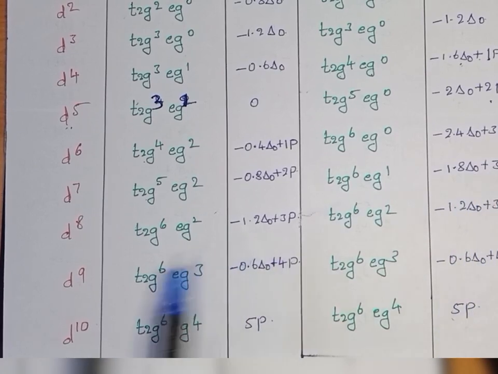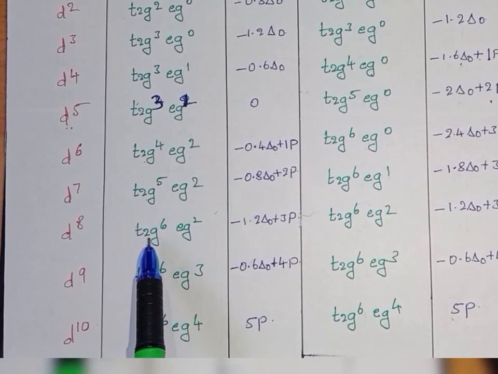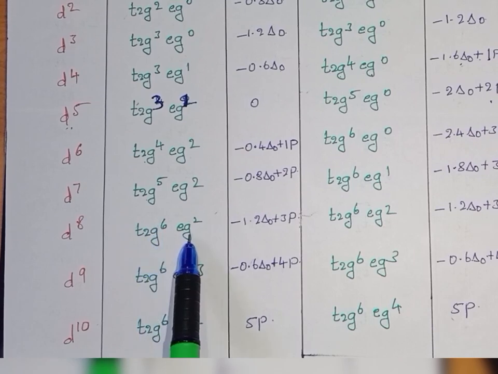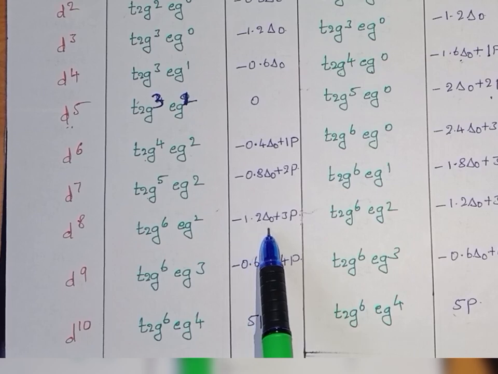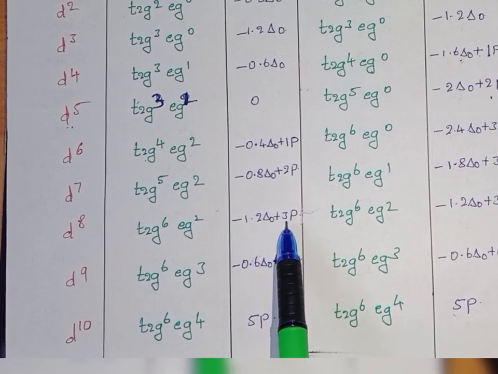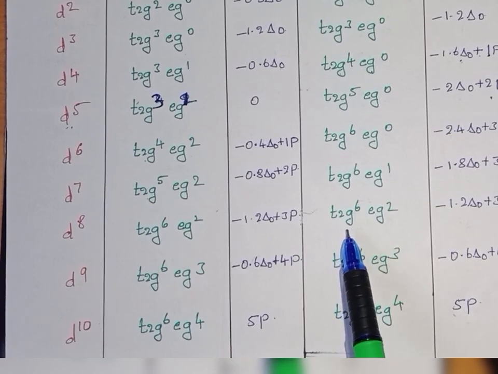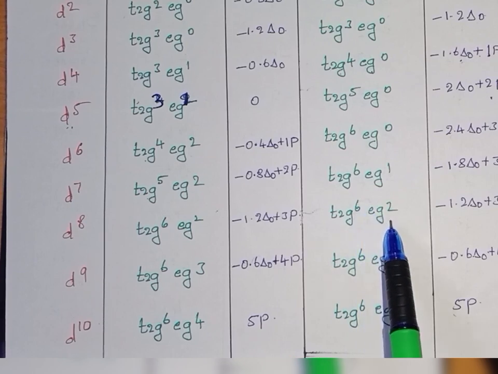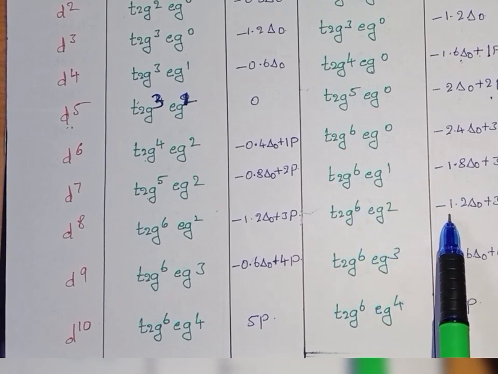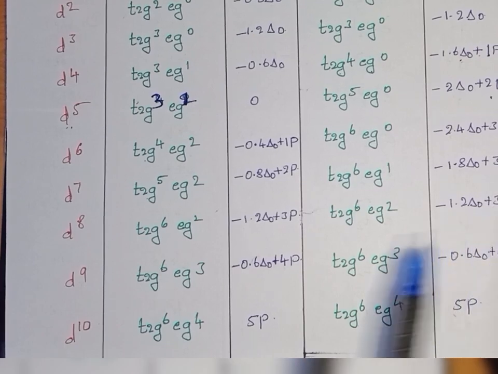For the d8 system, the weak field configuration is t2g6 eg2, and the CFSE is minus 1.2 Δo plus 3 electron pairs. For strong field, the configuration is also t2g6 eg2, and the CFSE is the same, minus 1.2 Δo plus 3P.